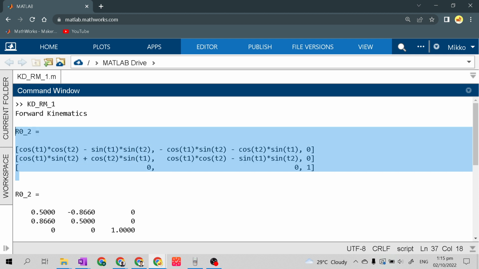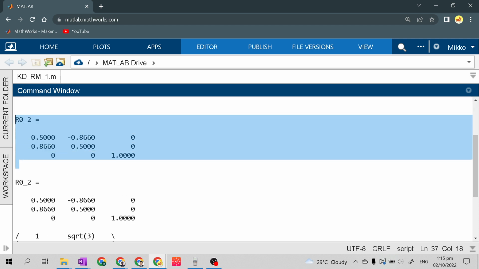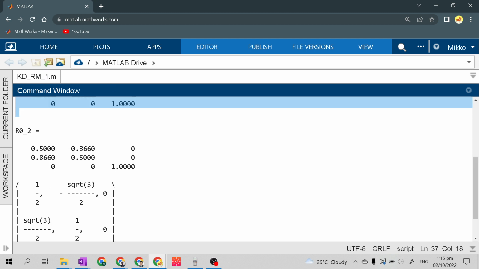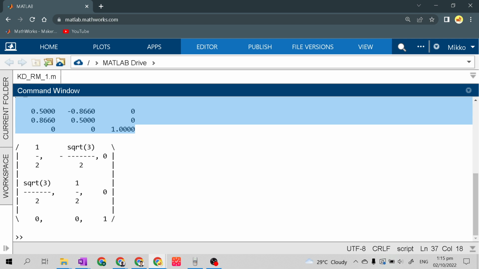Then next, the answer when the value is changed, at the radian section and at the degree section. When prettified, we have fractions on each element: 1/2, negative square root of 3 over 2, 0, then square root of 3 over 2, 1/2, 0, then 0, 0, 1.